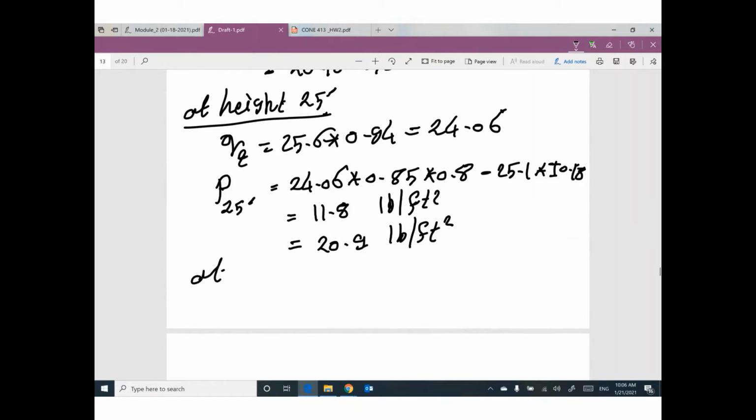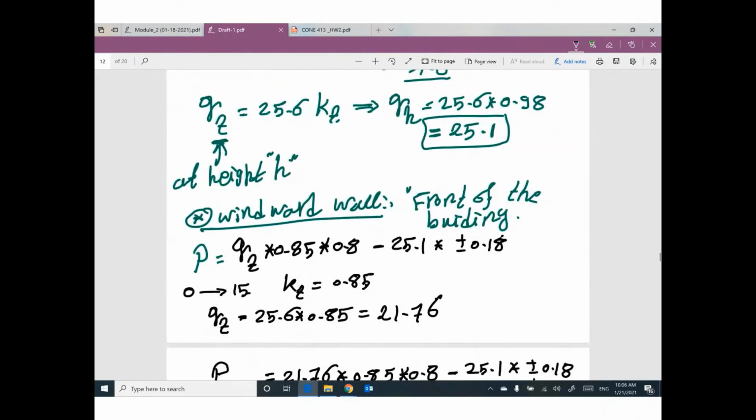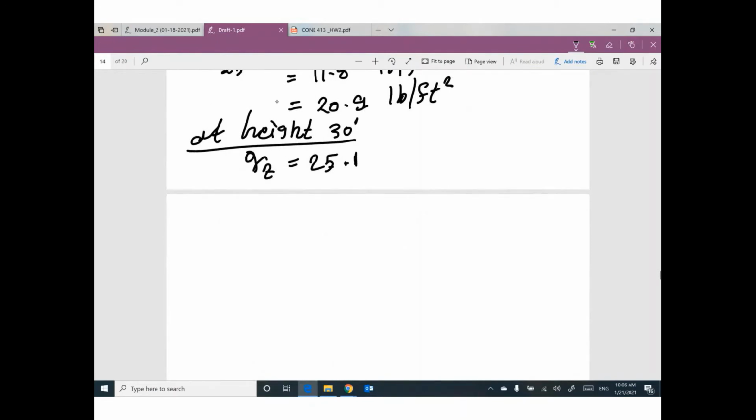At height 30, QZ equals 25.1. And then your pressure at 30 feet equals 25.1 times 0.85 times 0.8 minus 25.1 times plus or minus 0.18.